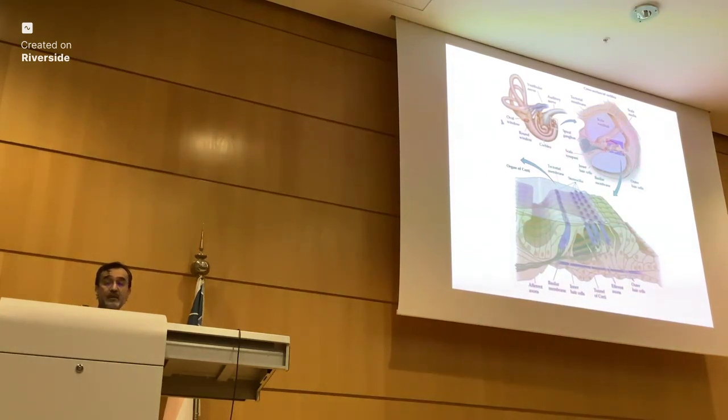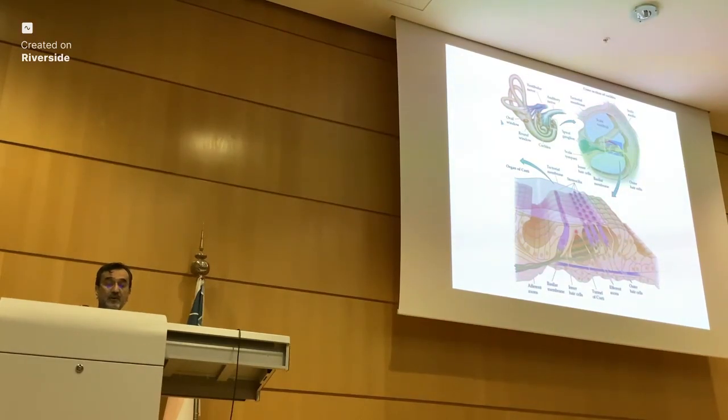Now, the basilar membrane is the place where you have the hair cells. You have the inner hair cells, which form one row, and then the rods of Corti. In between there is the tunnel of Corti.